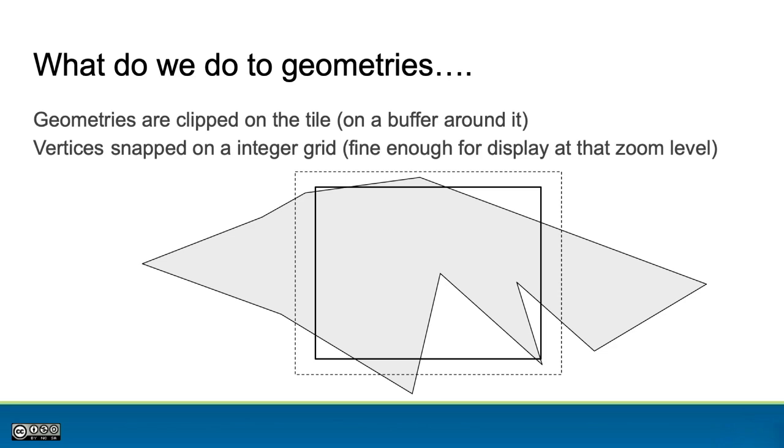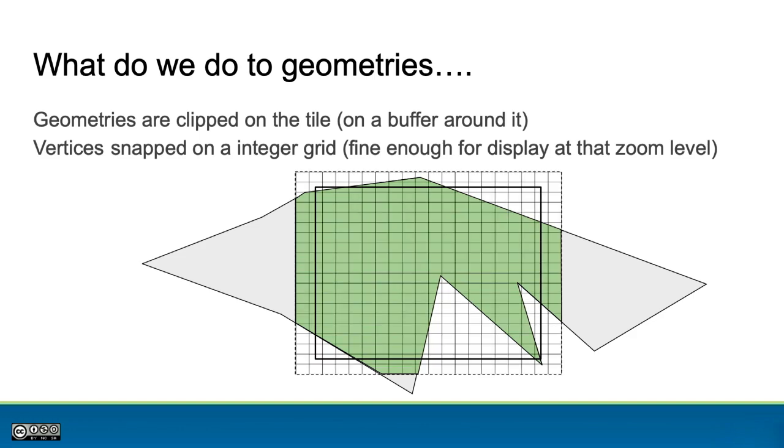And then we are also going to simplify the geometry, because the geometries can be very detailed. So first of all, we clip, and then we make a little grid roughly corresponding to the resolution we expect on the downstream device, and then we're going to simplify the geometry to that grid. So by doing this, we're going to produce a very small little snapshot of a geometry and the attributes in that region.